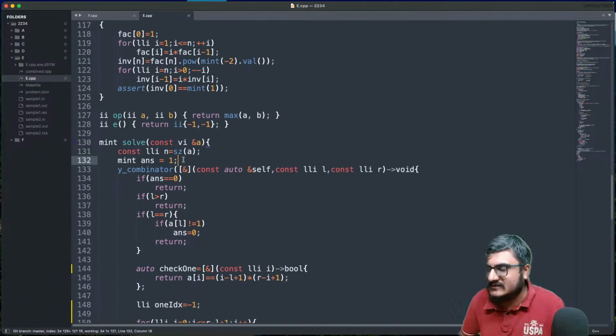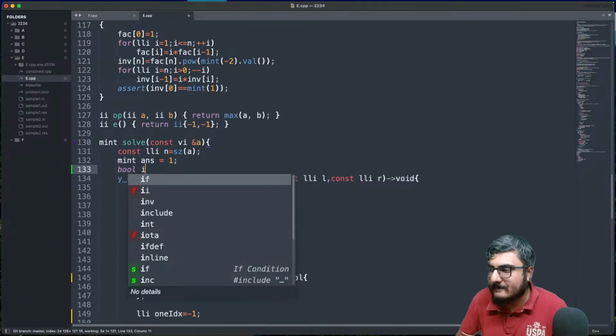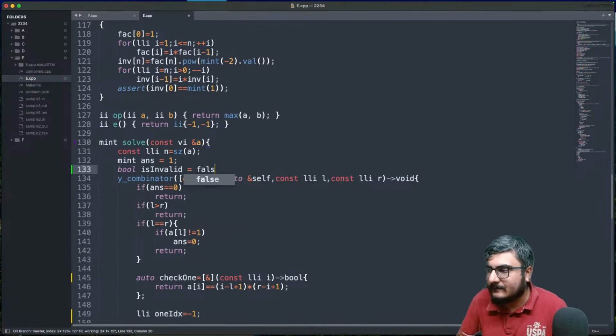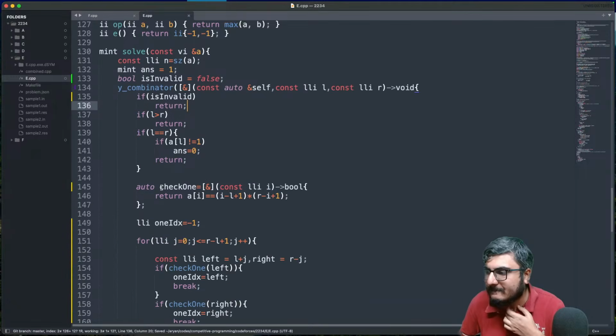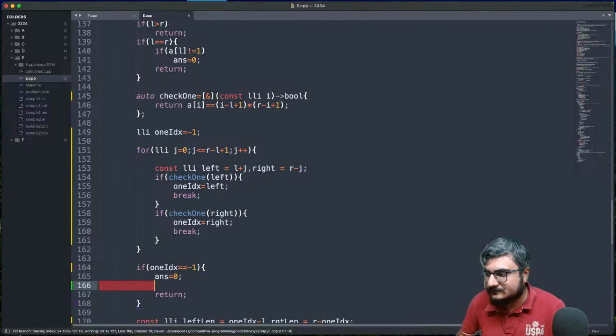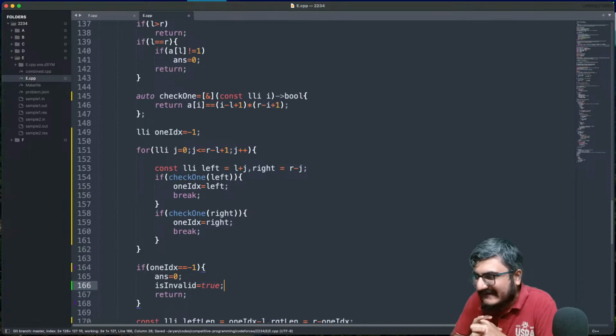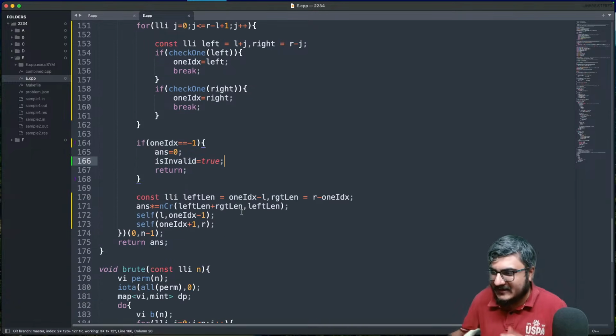One more thing I have is an answer flag: whenever I have found invalid, I will just return it. If I did not find 1, I will mark invalid as true. And the algorithm is still the same. Your left and right endpoints, you found 1. You decided how many elements on the left side, how many elements on the right side.